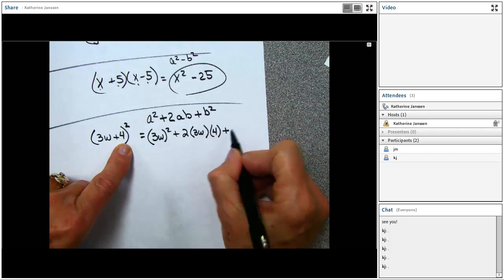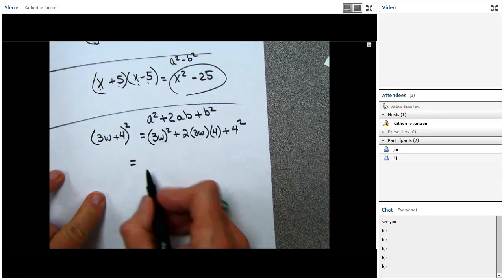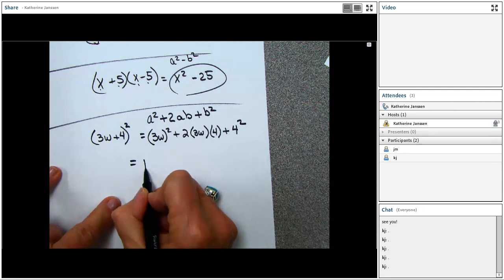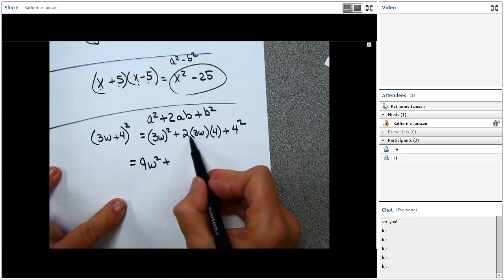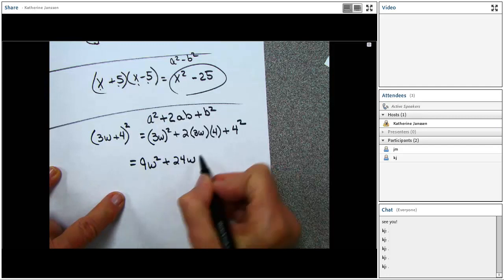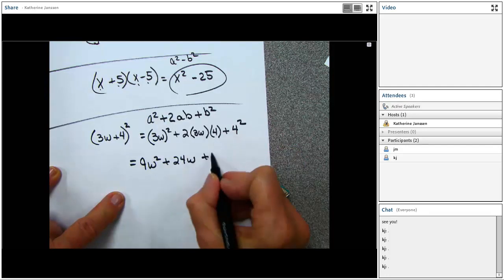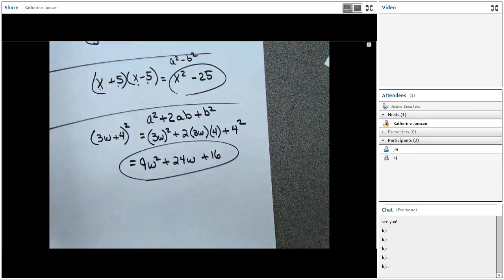And then square b, 4 squared. 3w times 3w would be 9w squared, plus 2 times 3 is 6 times 4 is 24w, plus 4 times 4 is 16. So again, rehearse and practice your special cases for the product of 2 binomials.